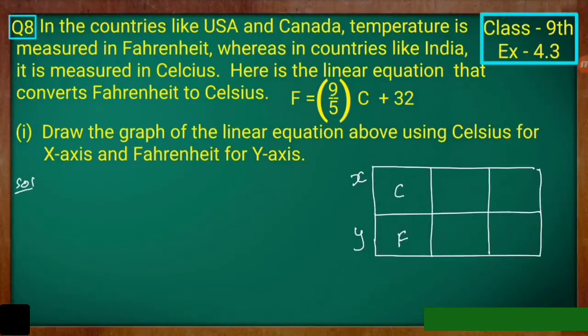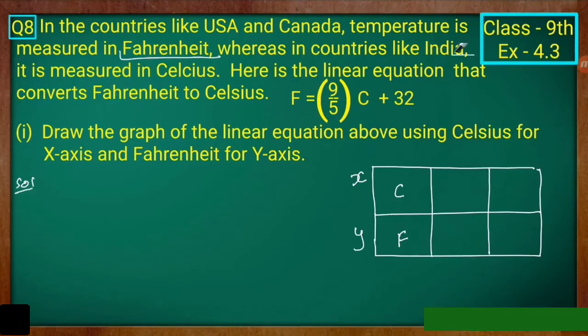Question 8. In countries like USA and Canada, temperature is measured in Fahrenheit, whereas in countries like India, it is measured in Celsius. Here is a linear equation that converts Celsius to Fahrenheit, and the equation is Fahrenheit equals 9 upon 5 C plus 32.